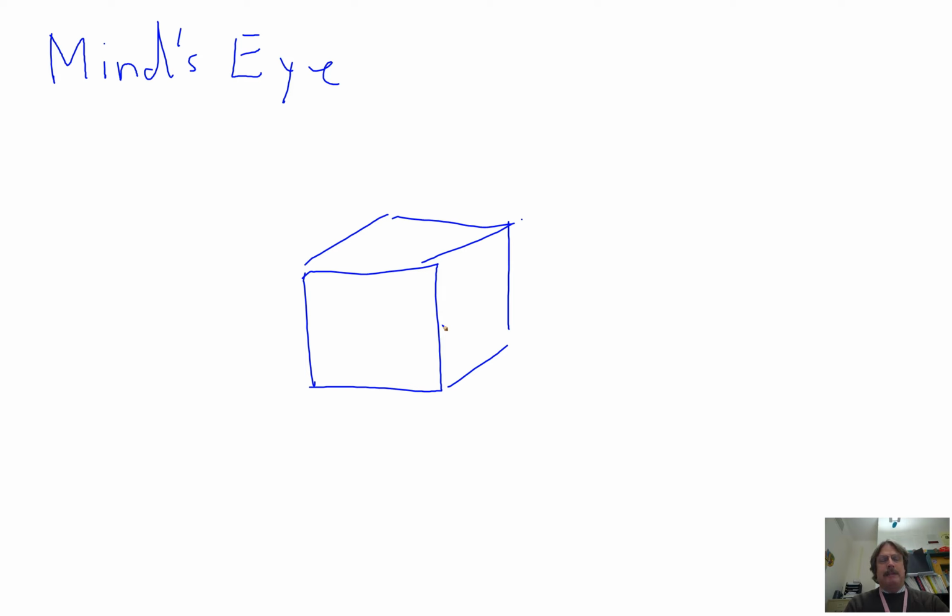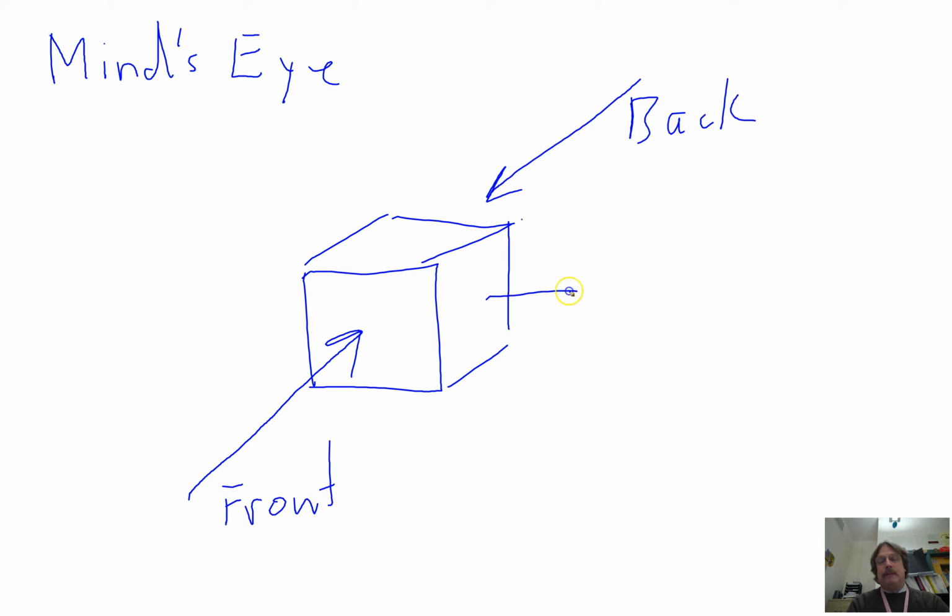What happens is that gives us 6 different perspectives, or 6 different ways that we're going to look at that object. If we have one, and I'm going to draw this here, that would be our front. So obviously if there's a front, there's a back. And then we can also look at the object from this side, the right side.